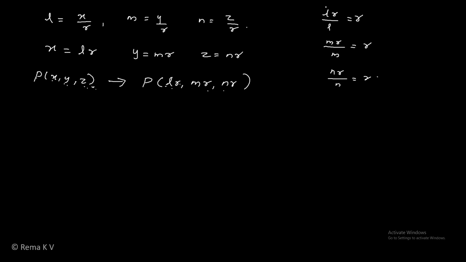So if we consider L r as A, M r as B and N r as C, which are three different numbers, these numbers A, B and C are proportional to L, M and N, because A by L is equal to B by M is equal to C by N, which is equal to r.